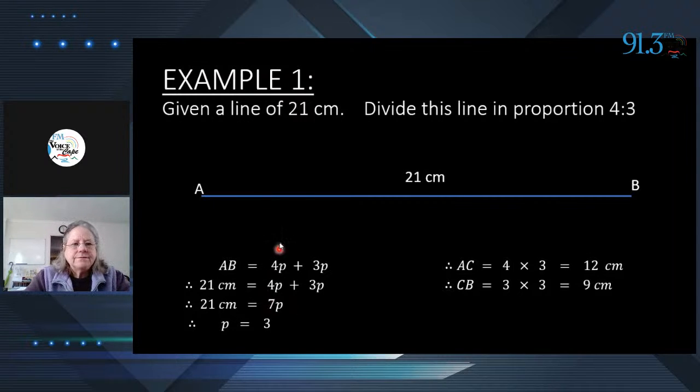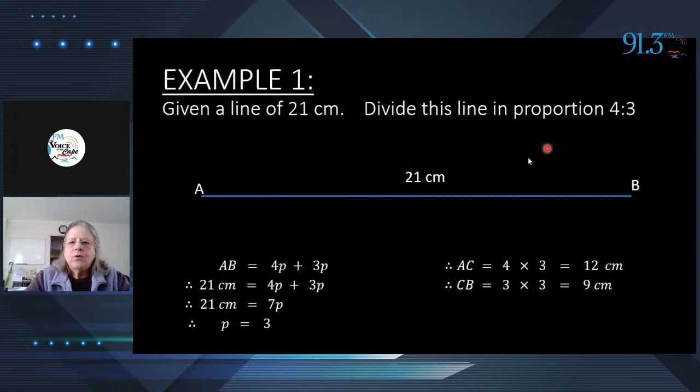If we have a line of 21 centimeters, AB. So now remember, now it is centimeters. And we are working with proportionality, in other words, ratios. So now we want to divide this line in proportion 4 to 3.